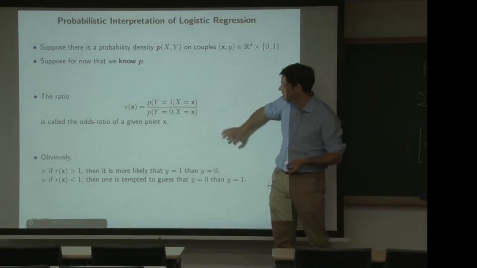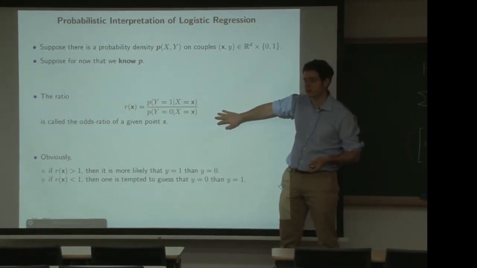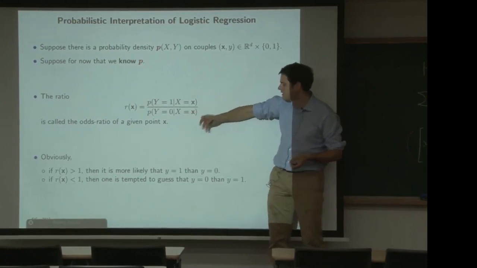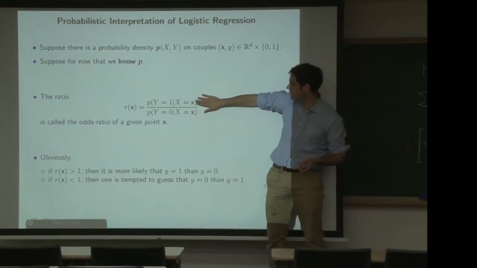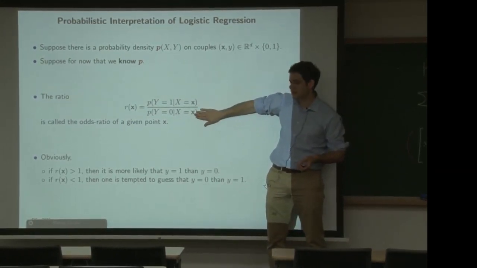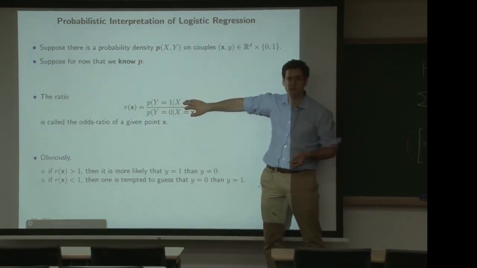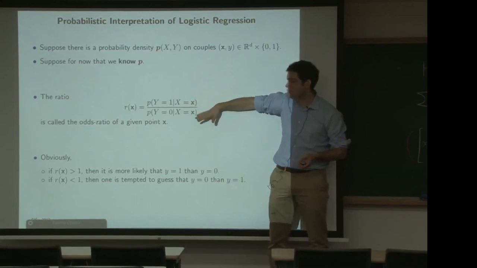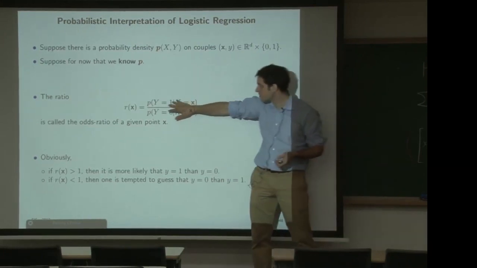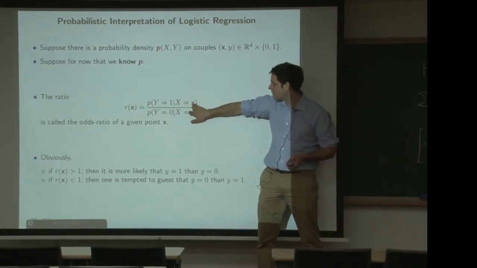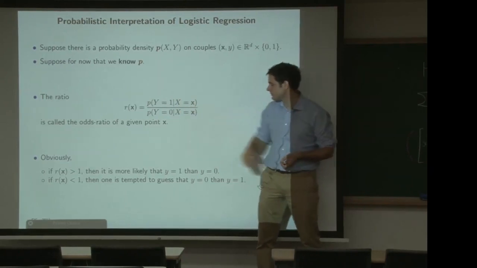So the ratio here is called the odds ratio of a given point. Why is it an odds ratio? Well, if this is bigger than this, if this is very small, this ratio will be very big. And this quantifies how strongly we can make the prediction that this point is more likely to be a 1 than a 0.